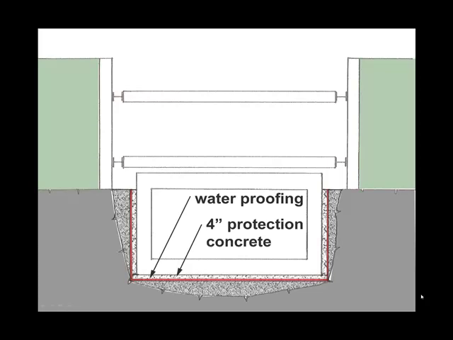Earlier in my career, it was done a little differently. The waterproofing was applied to the mud slab and the sand walls, but then it was protected by a 4-inch protection course of concrete. In earlier construction, that protection course might have been brick. So it was understood that you needed to do a perfect job on the waterproofing membrane, and then it was prudent to cover that membrane so that it could not be damaged or abused in any way during the subsequent construction.